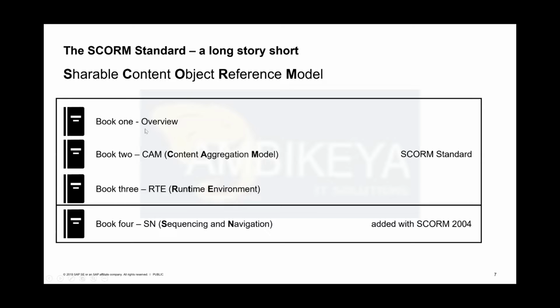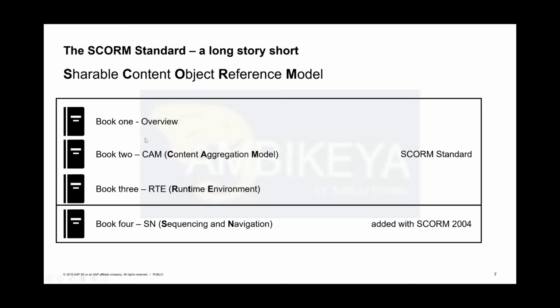This is worth reading. It's not a lot, like 20 pages, but nevertheless it's worth a look. As soon as we go down to the detail books, which are books 2 to 4, no one would expect you to really know this by heart. Nevertheless, having a closer look into it, if you are interested in the topic, does make total sense.